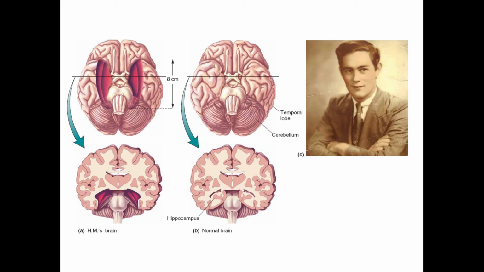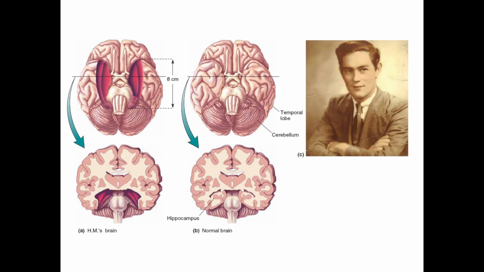I mean, he died at the age of 82 in 2008, and this was a very important case because it showed us that there is a specific brain region related to memory storage, and also to retrieval.